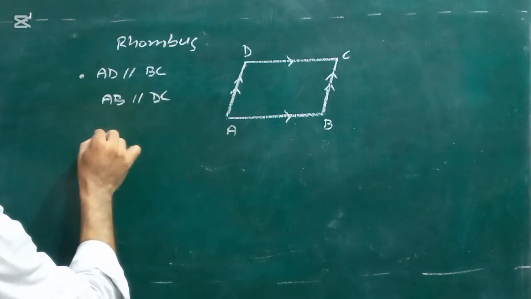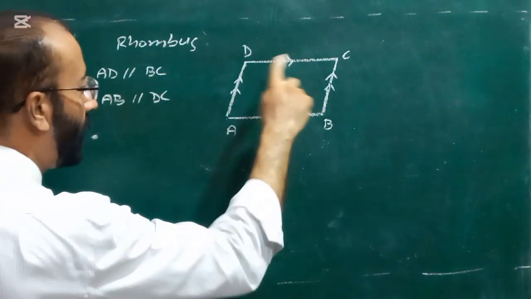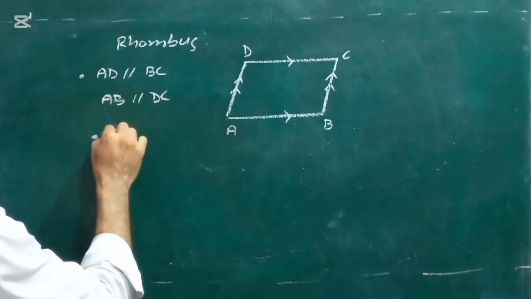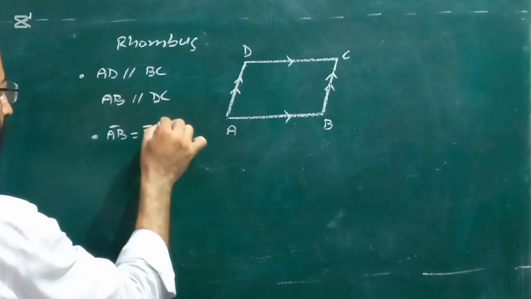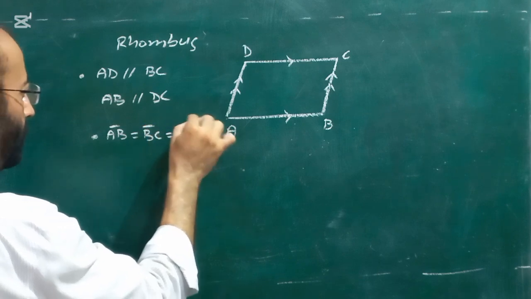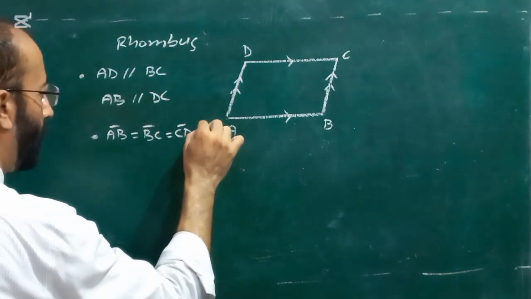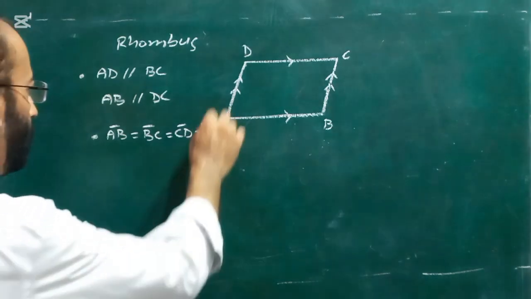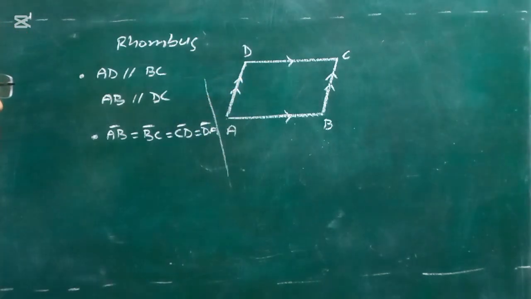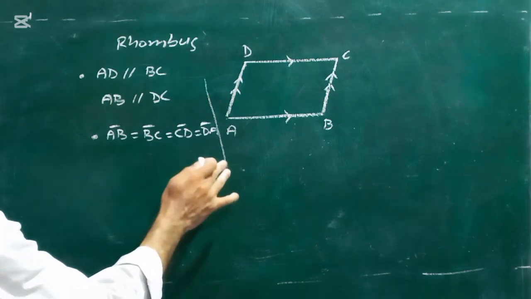Moreover, we have said earlier all sides are equal. So it means AB is equal to BC is equal to CD is equal to DA. These are the properties so far. Okay, next property.